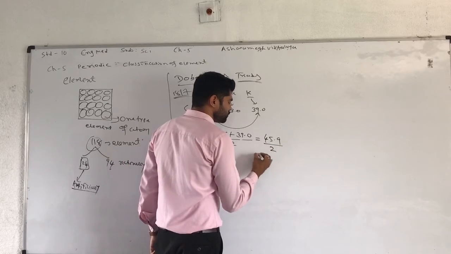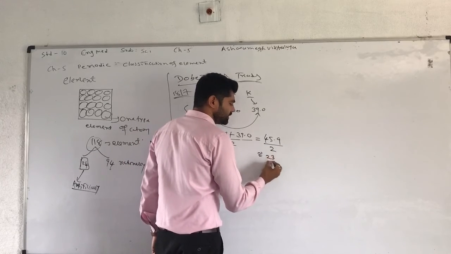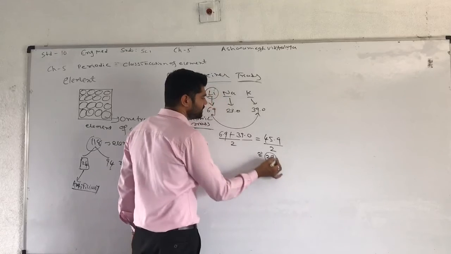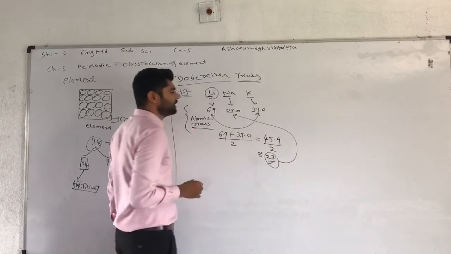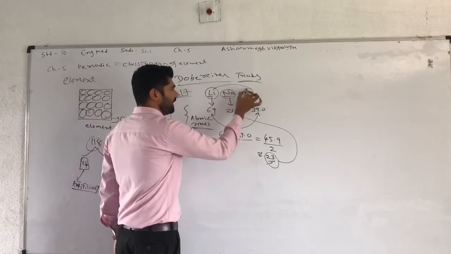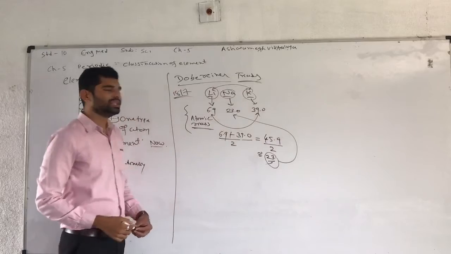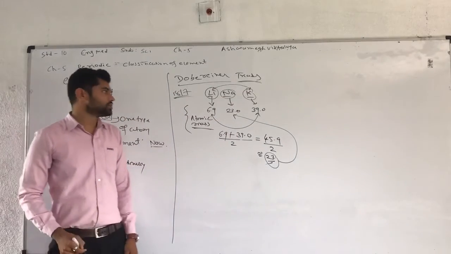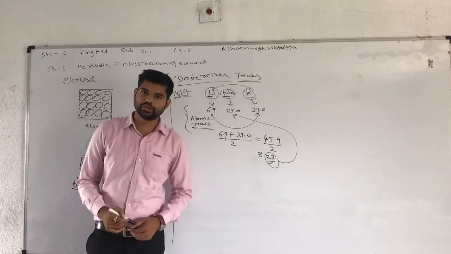Divided by 2, you get approximately 23, and 23 is the atomic mass of sodium. So the average atomic mass of lithium and potassium gives sodium.